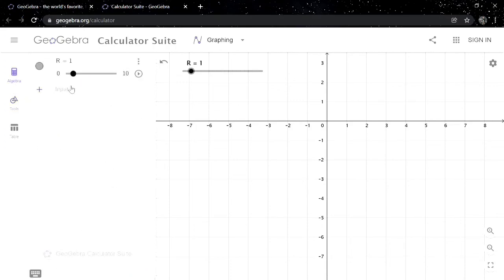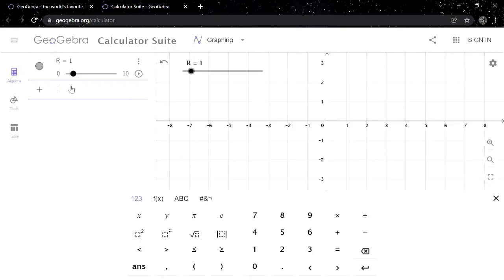Then write down the function that we got, that is y equals pi times r squared times x minus 1/4 times pi times x to the third power.